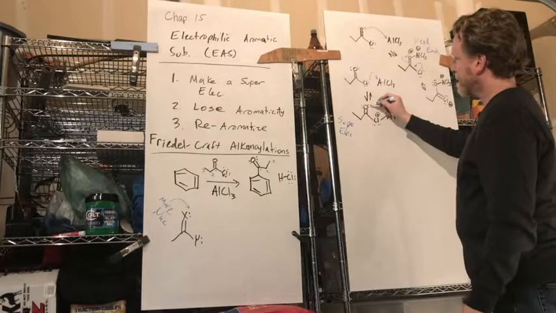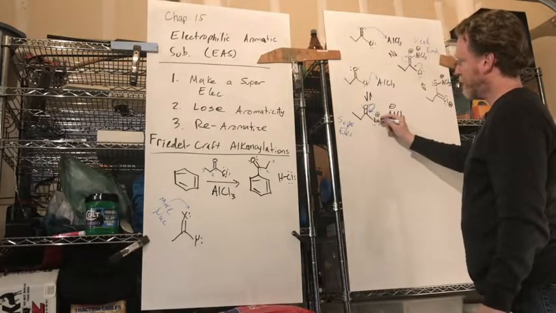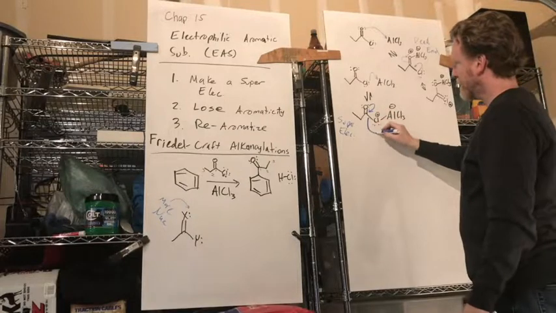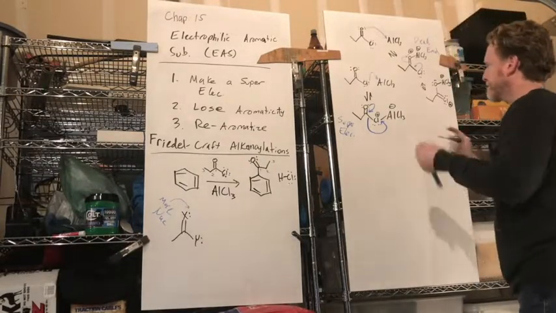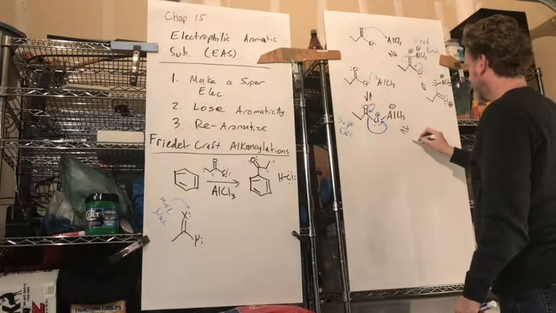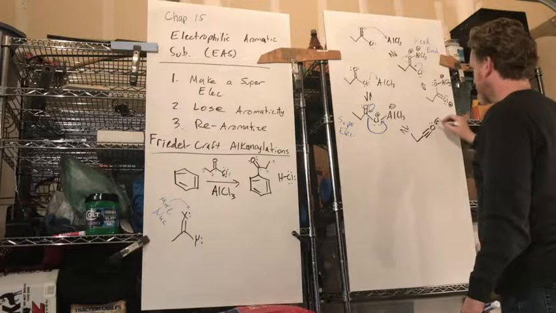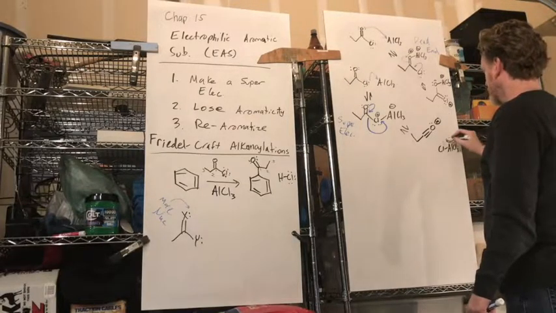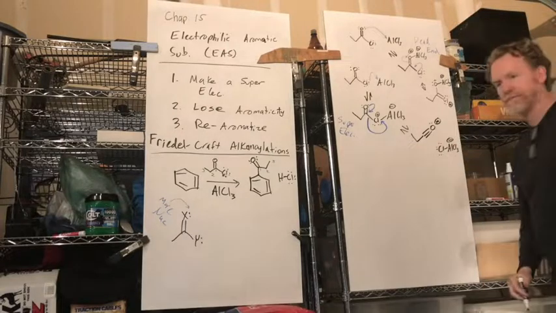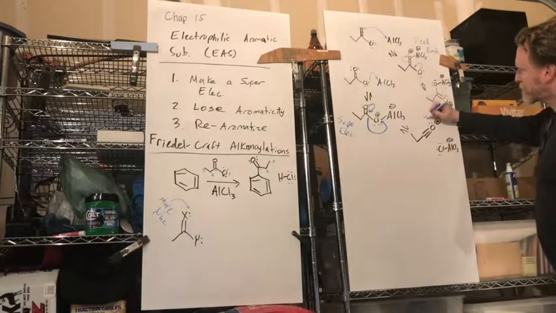How does that happen? It goes like this. The lone pair on the oxygen could push down, and the chlorine with this plus charge can pull away. It's another push-pull mechanism, huh? And now I'm going to say this is our reacting super electrophile.